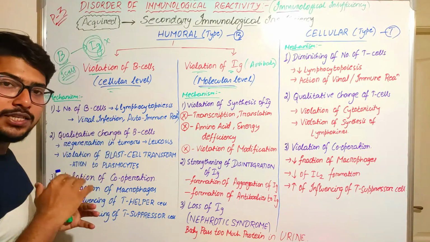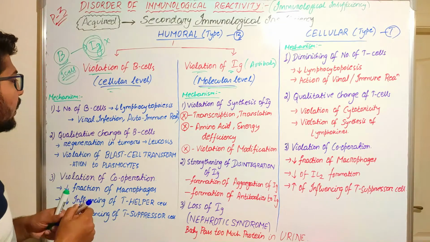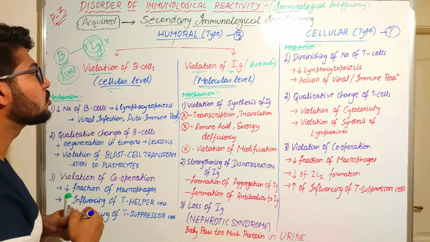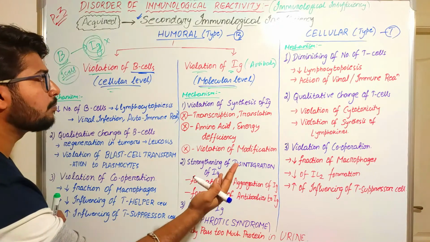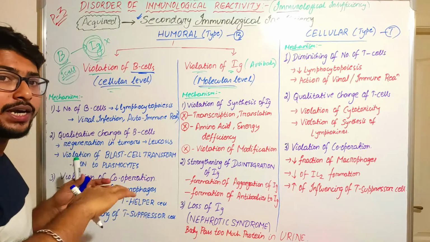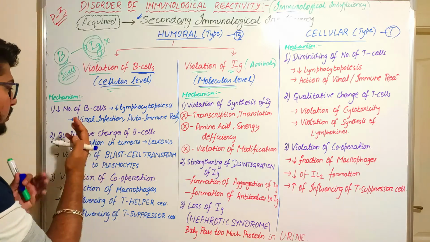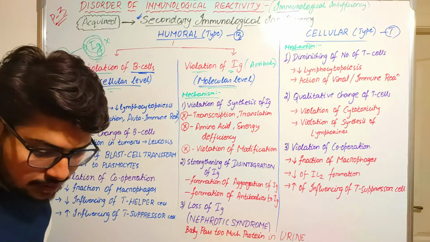The B cell is not functioning. As the B cell is not functioning, what could be the possible reason, the possible mechanisms? This is a secondary type of behavior. It is not primary or inherited. First, there will be a decrease in the number of B cells.